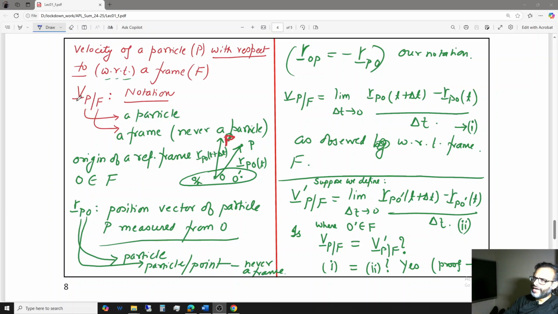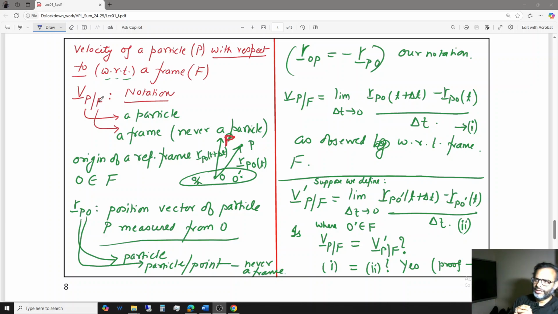Whereas F, where F is written on the right side of that bar, that has to be a frame. If you write Vp bar Q, where Q is a point, it has no meaning. At least in this course, it has no meaning. Velocity is not of a point with respect to another point. Velocity is always of a point with respect to a frame.